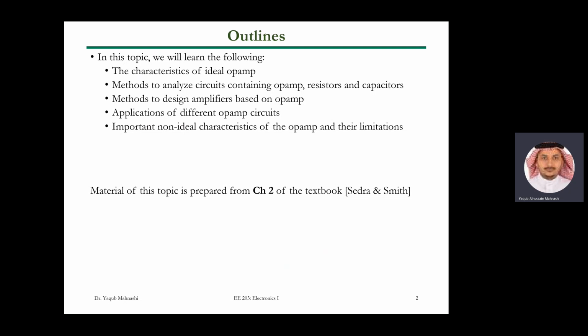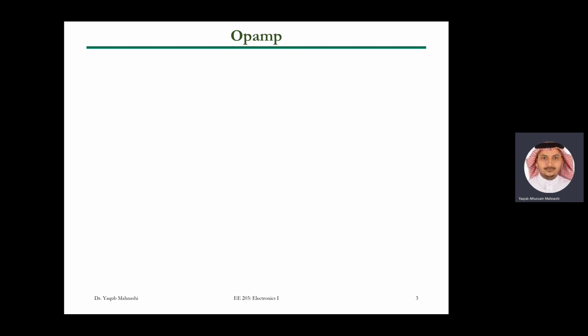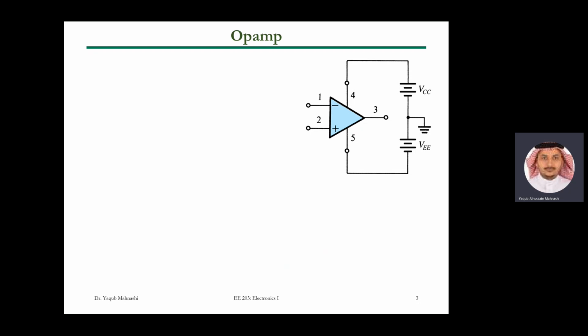So let's talk about the Opamp, which is short for operational amplifier. In short, we'll just call it Opamp all the way. We have this device. It's actually a 5-terminal device.